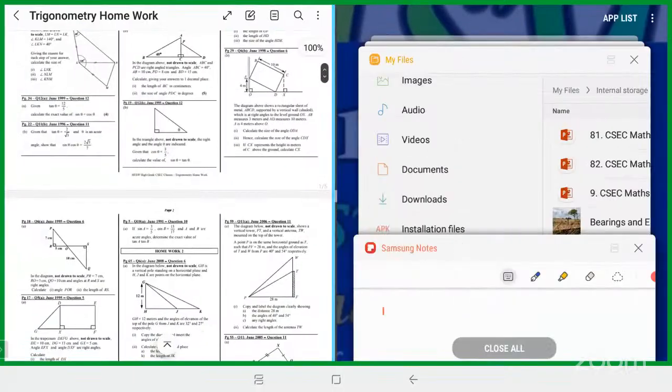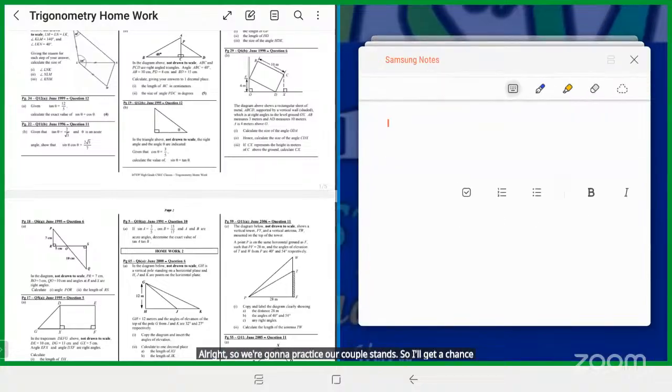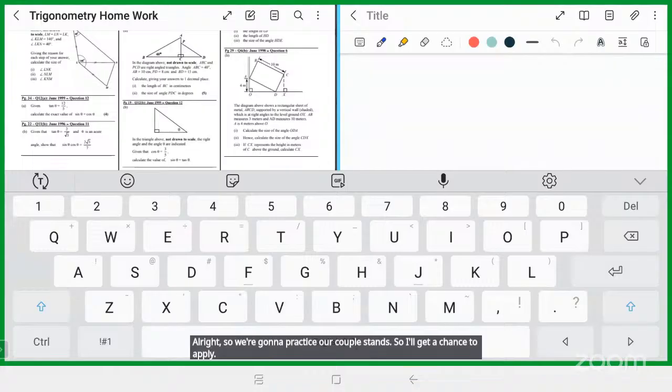We're going to practice a couple of questions, so you get a chance to apply what I've just explained.